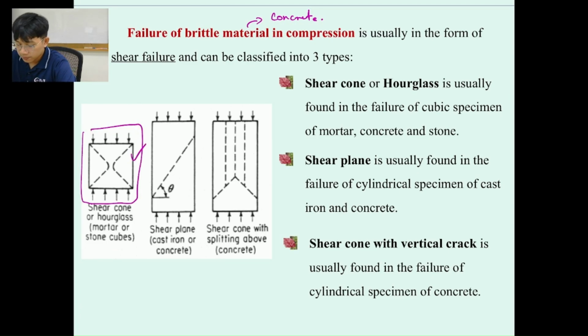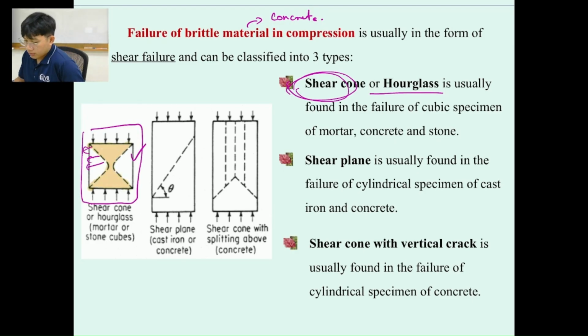So the failure of this cubic sample is going to be the shear cone or the hourglass shape. Okay, when you test it, this one is going to break down to the side, and what is going to be left over is just the hourglass over here, or the shear cone.